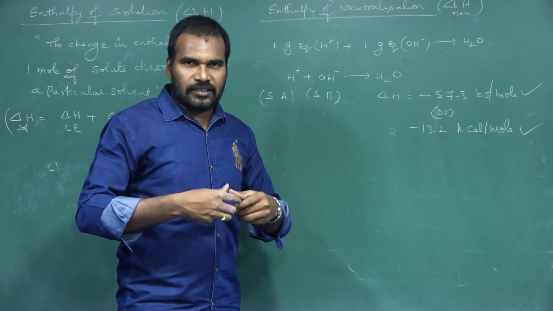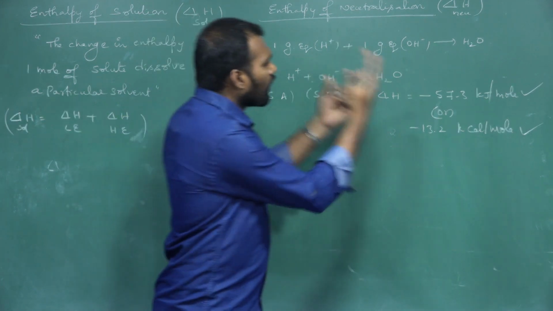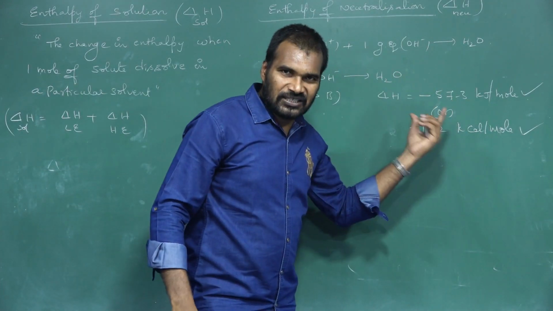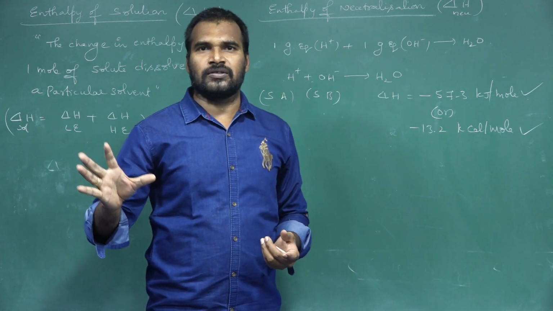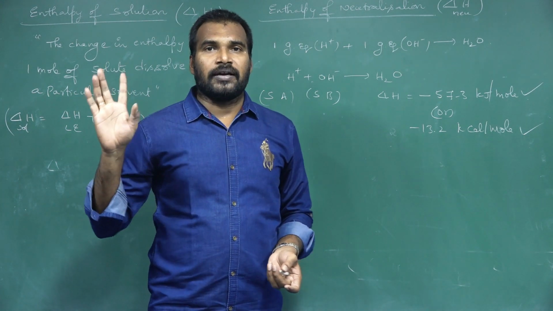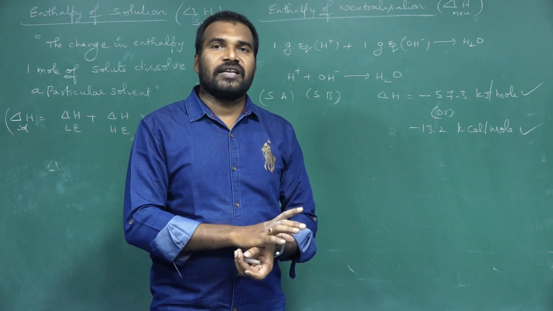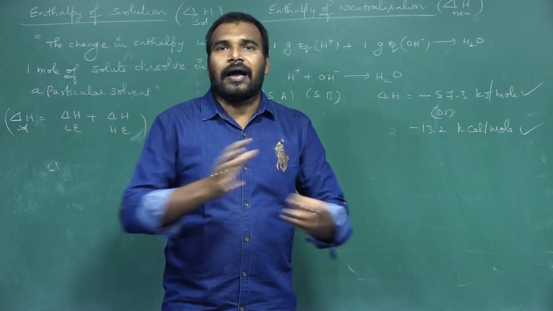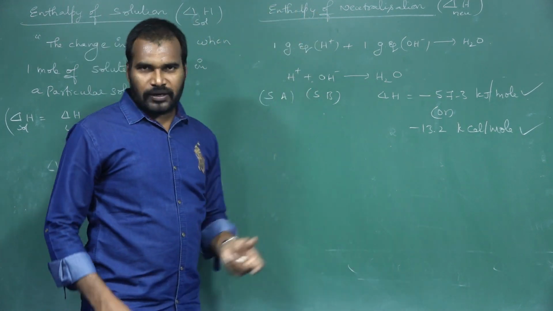So the net overall energy is going to decrease here. So in the presence of a weak acid or weak base, enthalpy of neutralization is less than 57.3 kilojoules or 13.2 kilocalories, because some part of the energy is utilized for ionization. Clear? So this is about enthalpy of neutralization.